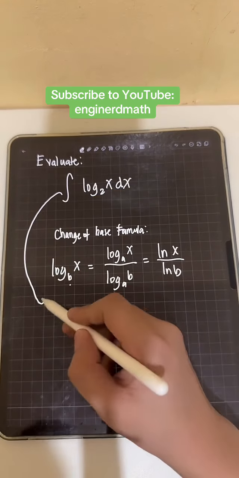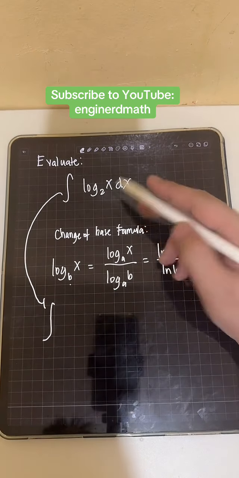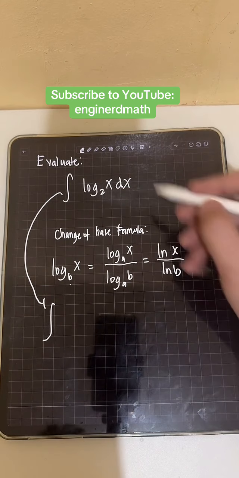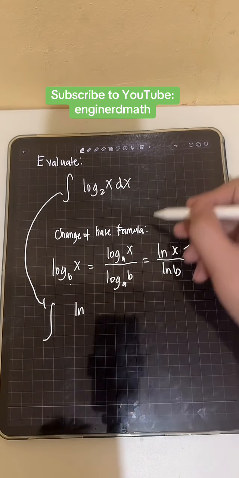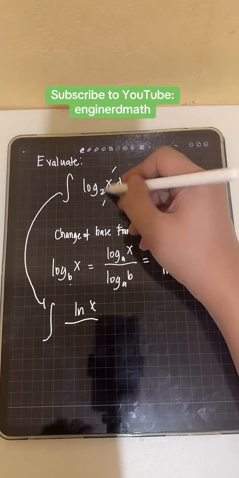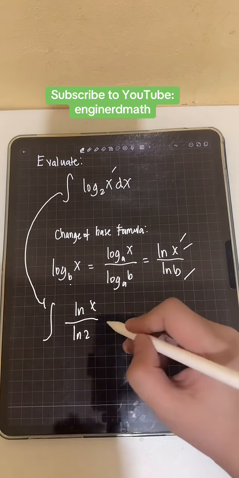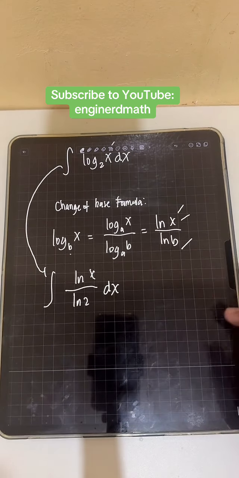So therefore, we can rewrite the given integral using the change of base formula. Logarithm of x to the base 2 is equal to the ln of x over the ln of the original base 2. So we have ln x over ln 2 dx.